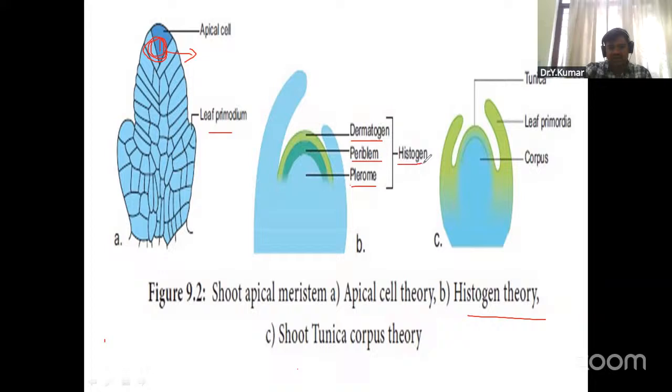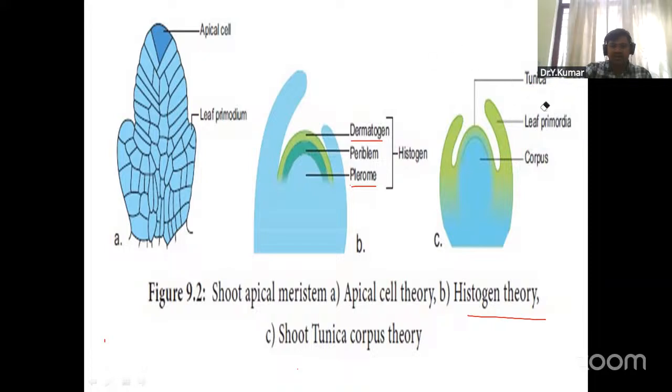All together they constitute what is called the histogen. In this diagram you can see only two regions, outer tunica and inner corpus. From the outer tunica only the epidermis is formed, and the rest of the body parts develop from the corpus region. So this is the diagrammatical explanation about the theories.